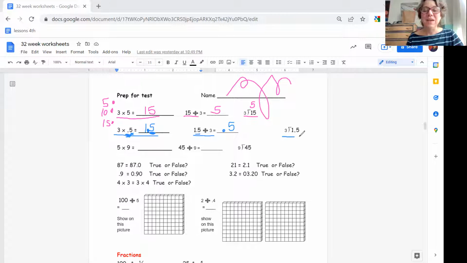Okay, same numbers, same question, different format. Make sure your point is in the same line as the other point, right? Straight up and down in the same place. Okay, and then my answer will be next to the point. So the answer here is 0.5.